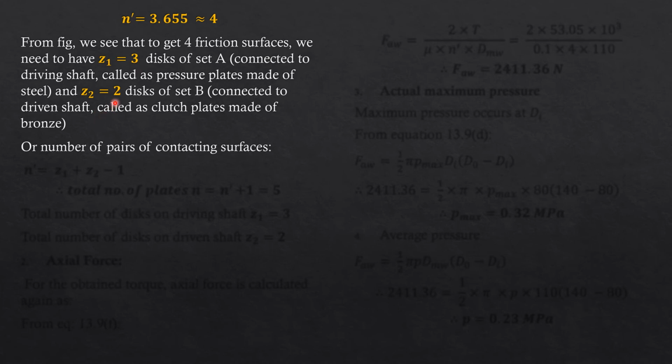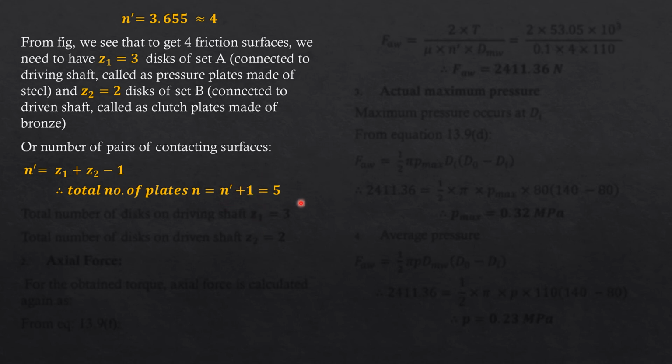All right. Or the number of pairs of contacting surfaces n dash will be equal to Z1 plus Z2 minus 1. Right. That is 5 minus 1 is equal to 4. All right. Or we can rewrite this and say that the total number of plates n, which is equal to Z1 plus Z2, is equal to the number of frictional contact surfaces plus 1, equal to 5.